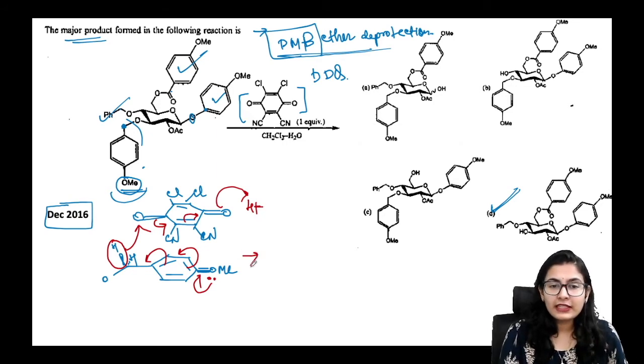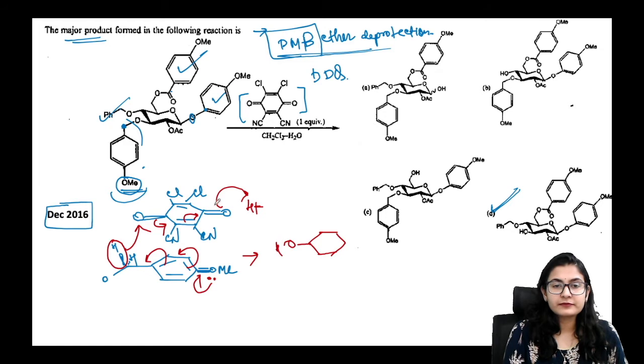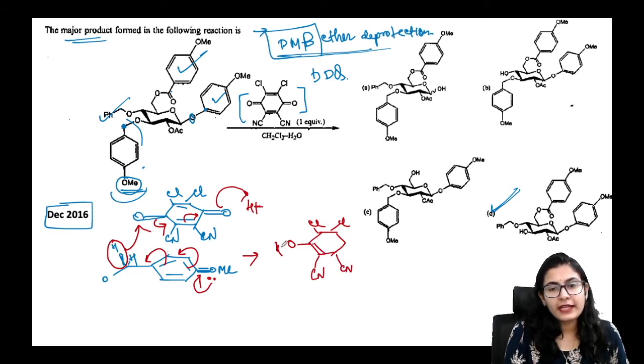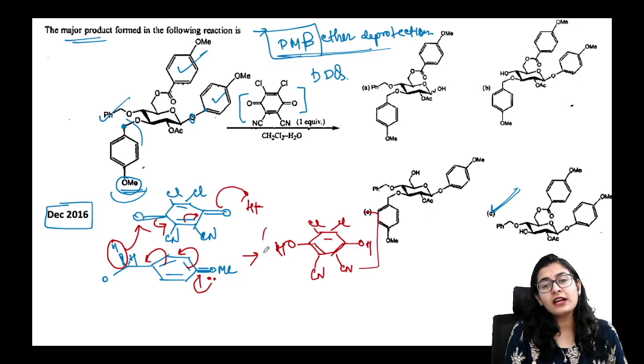This is the only way possible that you can see how the electron transition is going to take place. All right, so you have an OH over here. You already had a double bond. This is what you have, and this is also an OH. So this is the fate of the DDQ molecule.